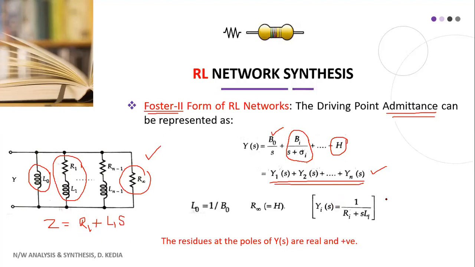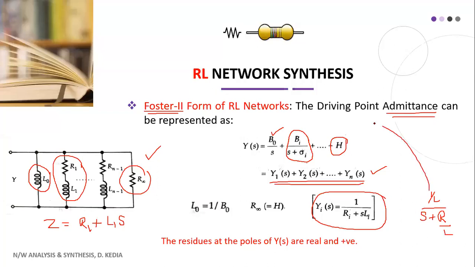So this is what I am telling you. Your admittance for this branch is 1 by R plus Ls. So if you take L common from the denominator, what do you get? You get 1 by L divided by S plus R by L.